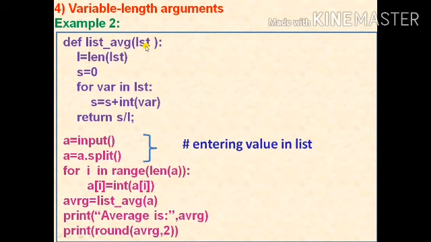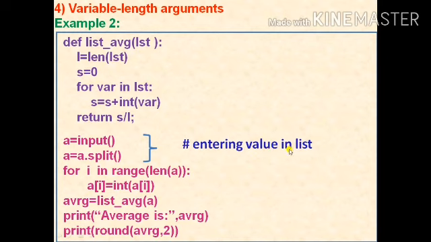We take a list as a parameter and find its length, and we sum up all the values in the list. After summing up, we find the average, the total divided by the length, and whatever average value we get is returned by the function list average.